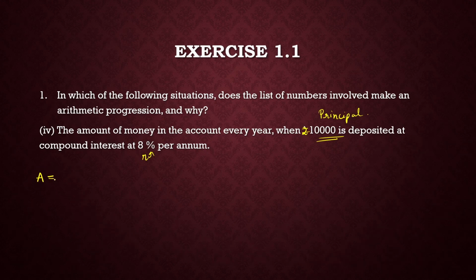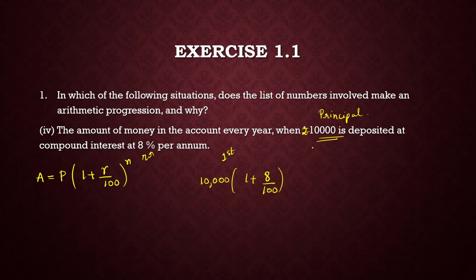The amount is given as principal into 1 plus rate divided by 100, raised to the power n, where n is the number of years. So for the first year, it is 10,000 into 1 plus 8 by 100 to the power 1. For the second year, what happened?